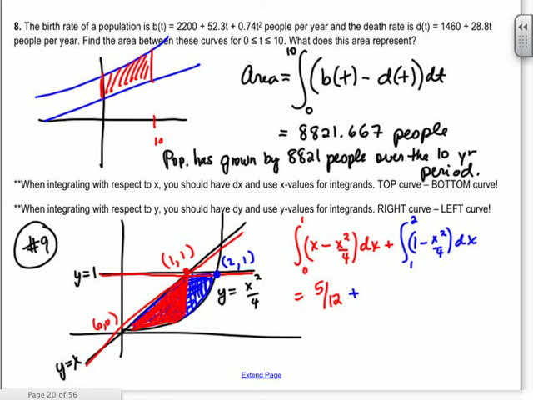You can press second enter a couple times to pull up the last thing you had. Sometimes that helps. I got another 5/12. Did you guys get that? So you get 10 over 12, or 5/6. Okay, so that's your answer.